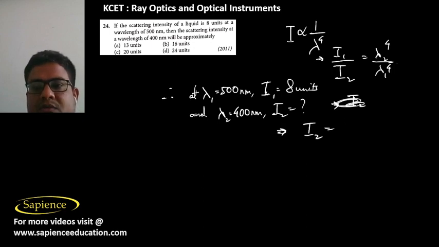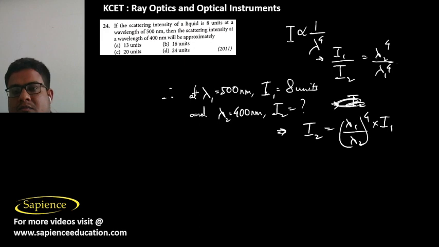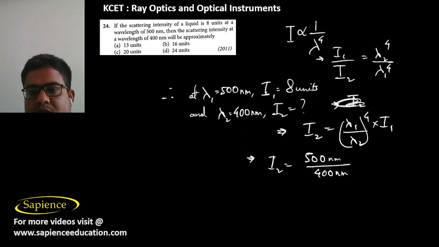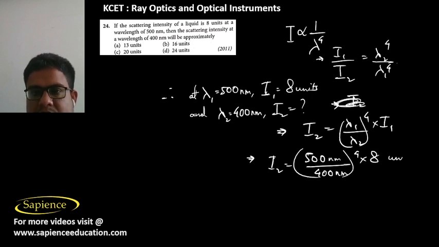So I2 will be actually lambda 1 by lambda 2 whole power 4 into I1. So I2 is equal to lambda 1, that is 500 nanometer divided by 400 nanometer, whole power 4 into I1. I1 is 8, so this much units.